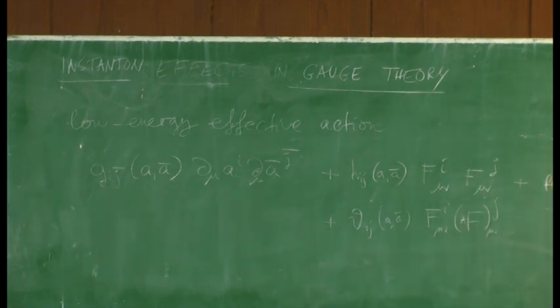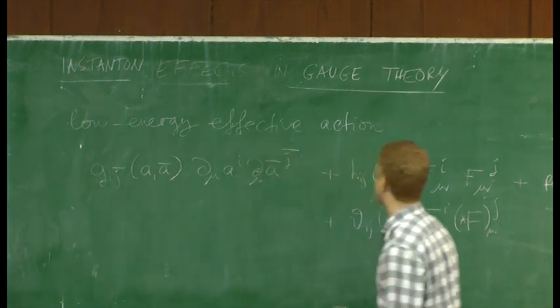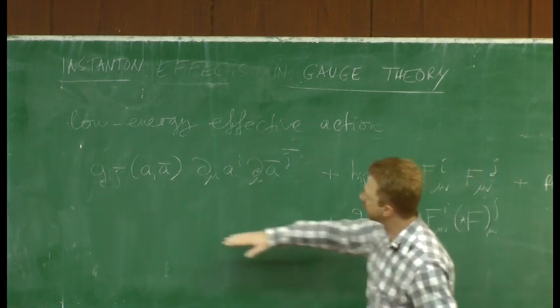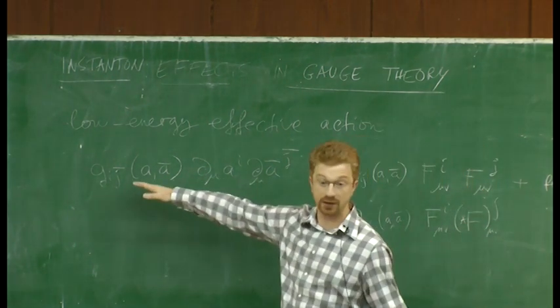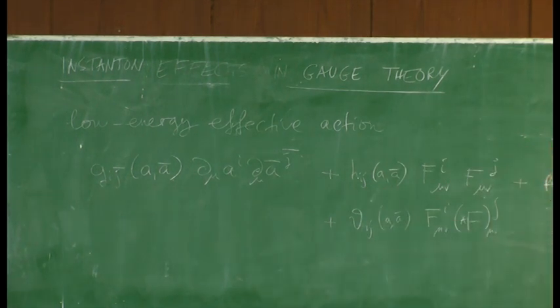So if you're interested in the effective action which has only two derivatives in bosons and a limited number of fermions, 4 fermions in fact, then essentially what you need to compute are these three matrices: the matrix of effective metric on the space of a's, the effective couplings, and the effective theta angles.